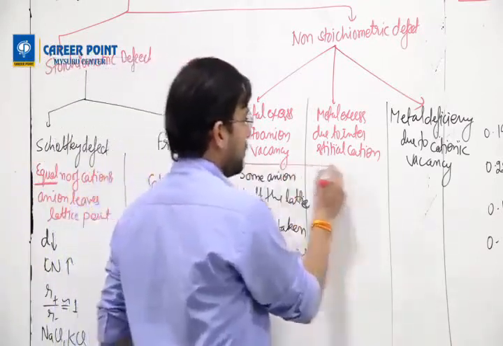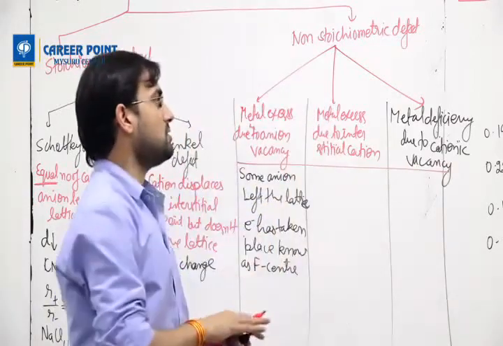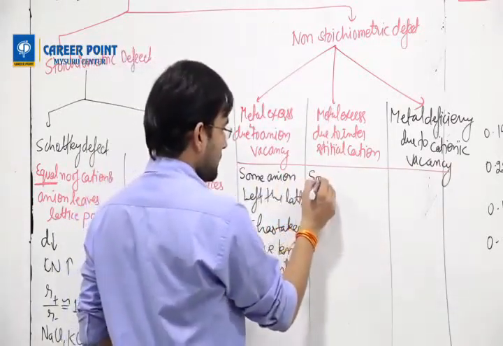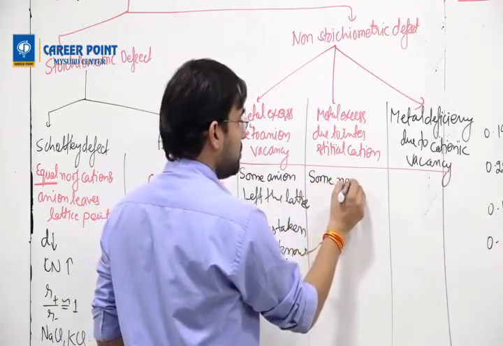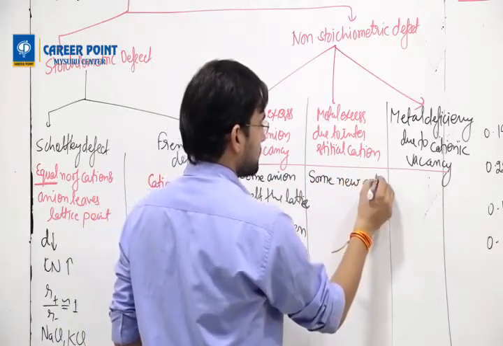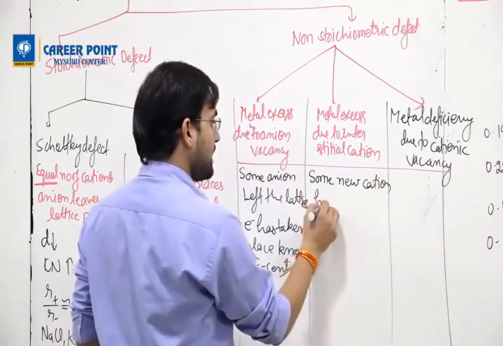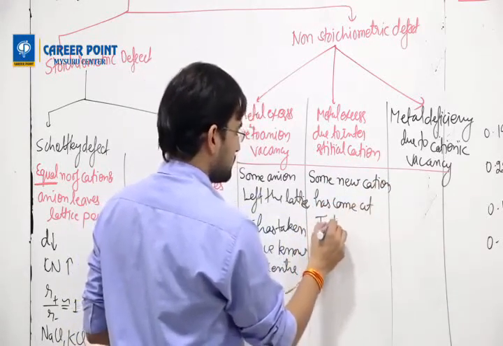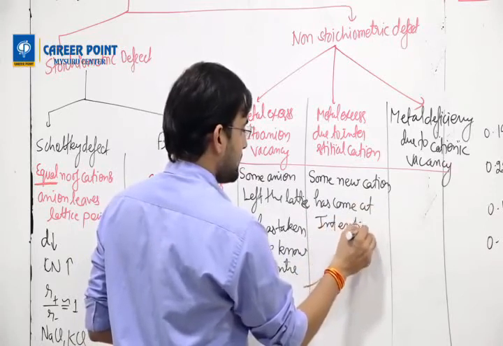Now here, metal excess due to interstitial cation means some new cation has come at an interstitial site.